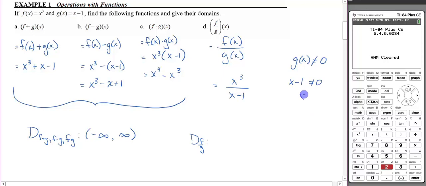So x cannot equal 1. In other words, we can choose any real number on the real number line and be okay as long as we're not picking the number 1. So the domain of f over g is negative infinity to 1 union 1 to positive infinity.